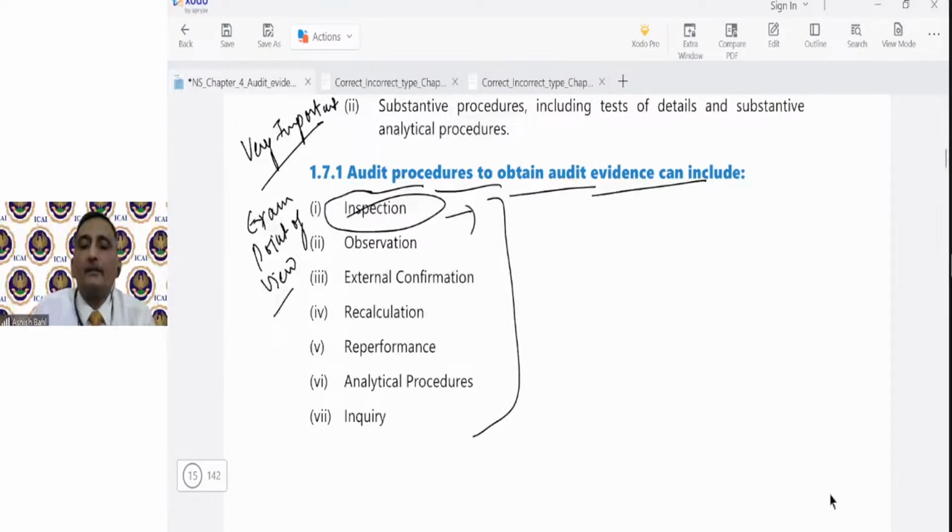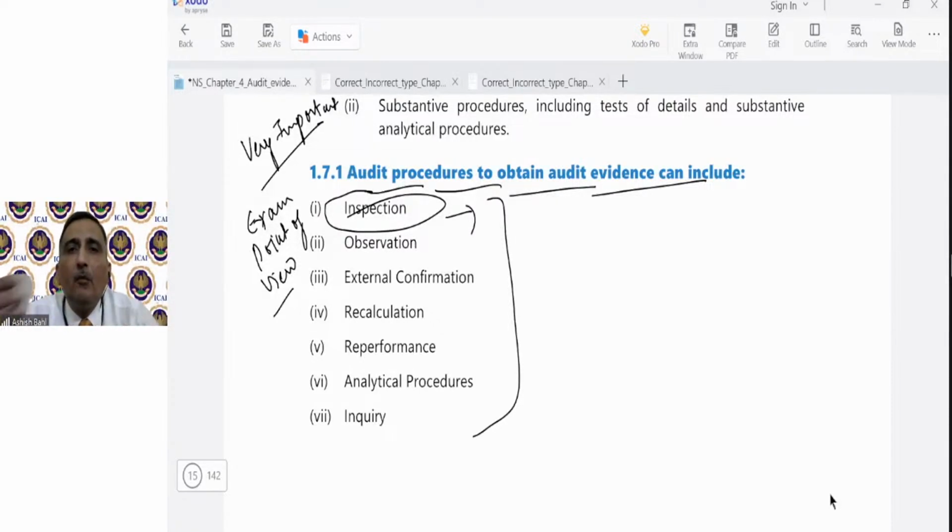What is inspection? Yes. So inspection means when you see some document, when you go through some document, or you examine some asset. Say you go to the plant of the company, so it is an inspection. You are reading last year financial statements of a company, it is an inspection.